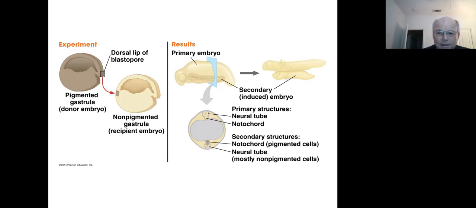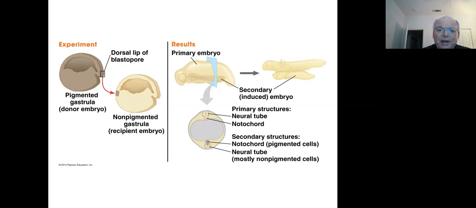Now, what was most remarkable about this, other than the fact that you get two complete embryos, was that the secondary embryo contained mostly non-pigmented tissue. In other words, the vast majority of tissue developing in the secondary embryo was created from tissue in the primary embryo, unpigmented tissue, not from pigmented tissue as you might expect.